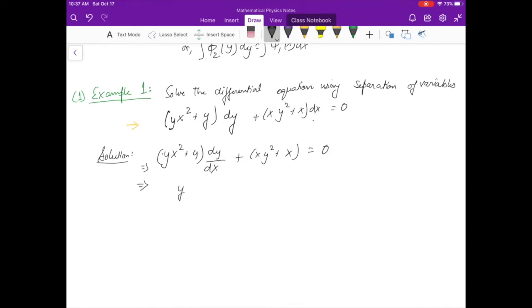And then you have y dy divided by y squared plus 1, taking y common from the first term and x common from the second term, equal to minus x divided by x squared plus 1, dx, because we also need to integrate that accordingly.